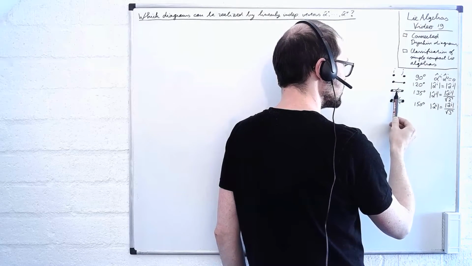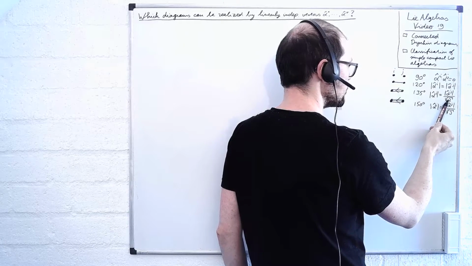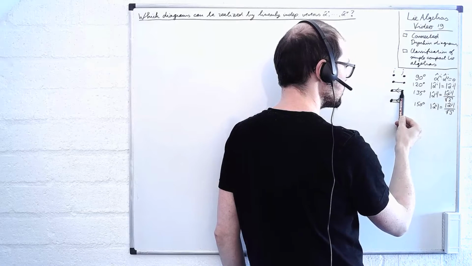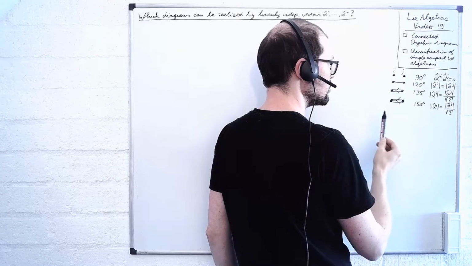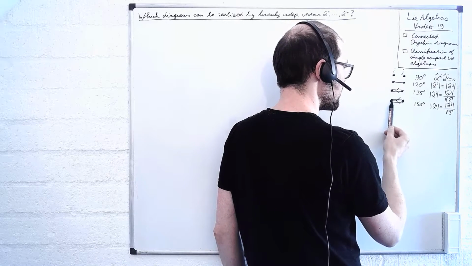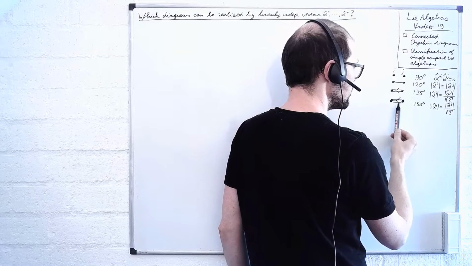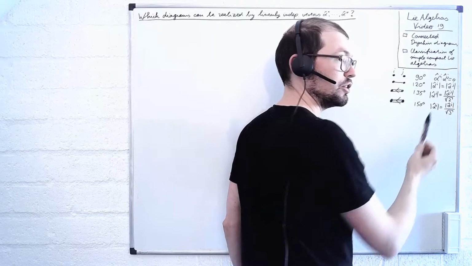If they're connected by a double edge, then one is longer by a factor of square root of 2. The arrow points from the longer to the shorter one, and the angle is 135 degrees. And with a triple edge, we have an angle of 150 degrees and a length ratio of square root of 3.